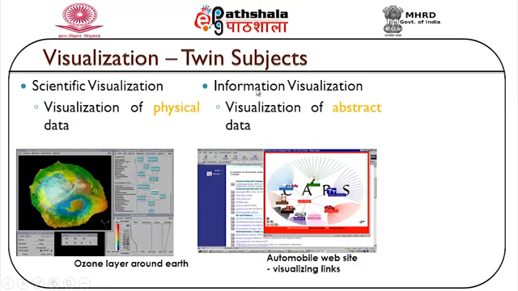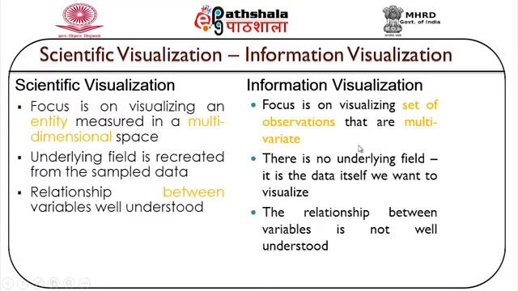One is the scientific visualization, the other one is the information visualization, where in scientific visualization we are talking about the physical or the raw data, and in the case of information visualization we are talking about the abstract data.